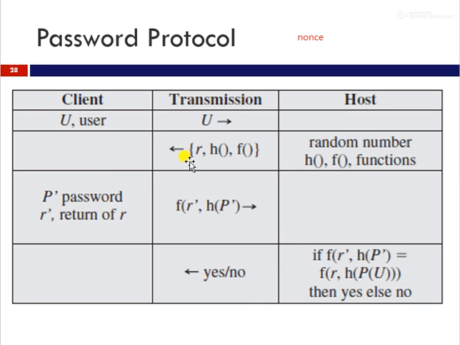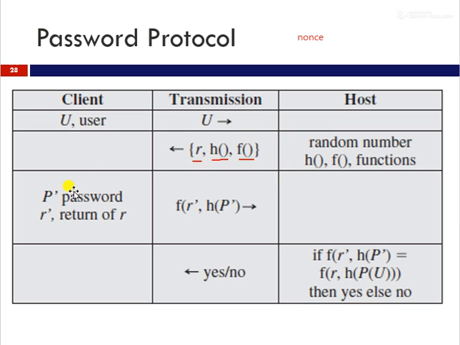The host also selects some hash function h and some other function f, which they have already agreed upon, and sends the nonce r, the chosen hash function and the chosen f function to the client.